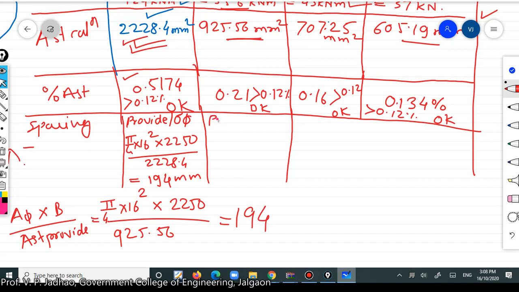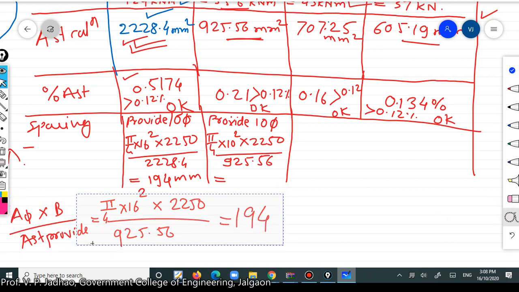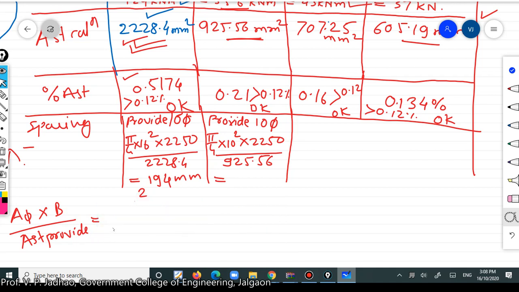Instead we will provide 10 mm bar. Therefore this will be pi by 4 into 10 square multiplied by width 2250 divided by AST provided, 925.56 mm square. How much is the spacing for this particular case now?